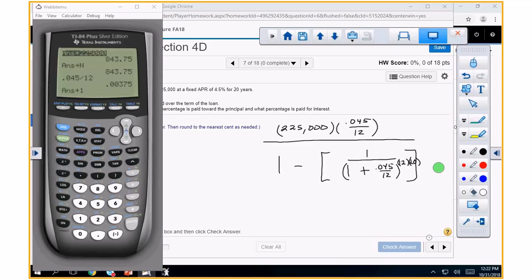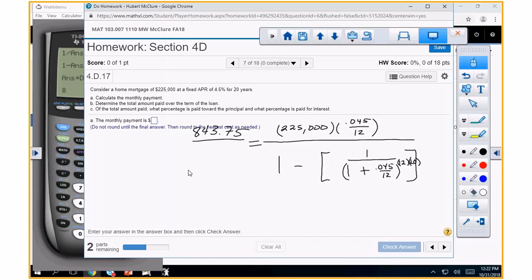So for your notes, the top will give you 843.75, and the bottom should give you 0.5927.